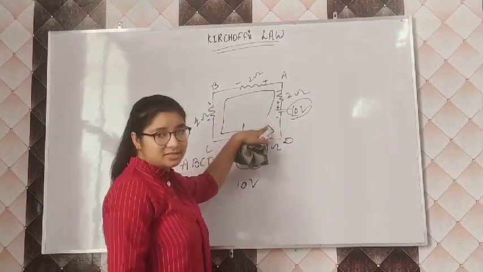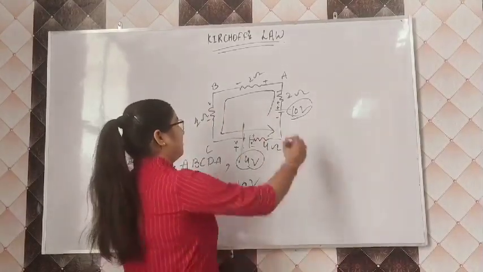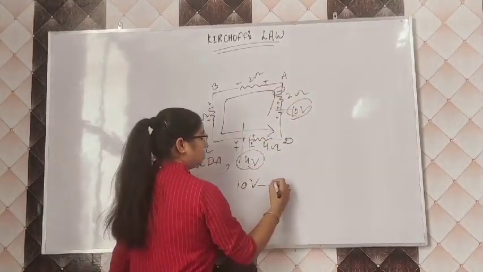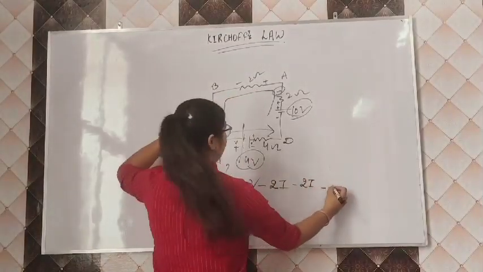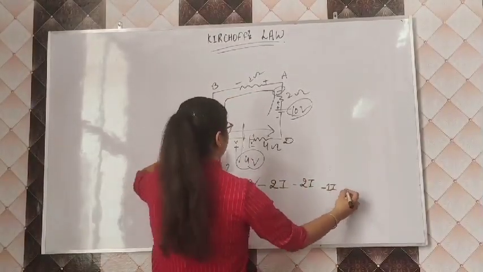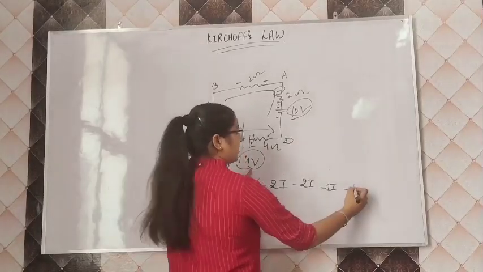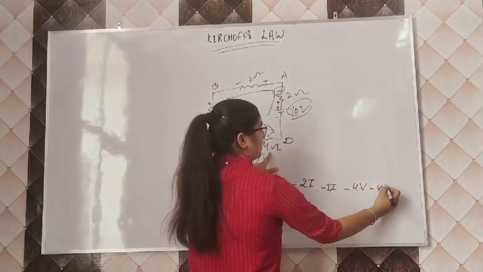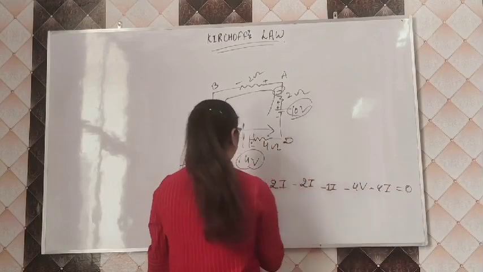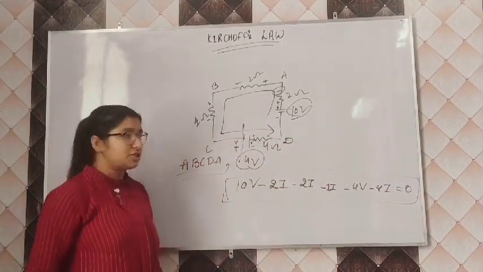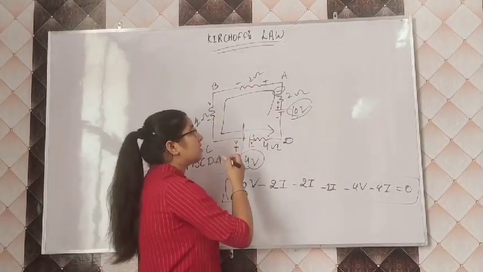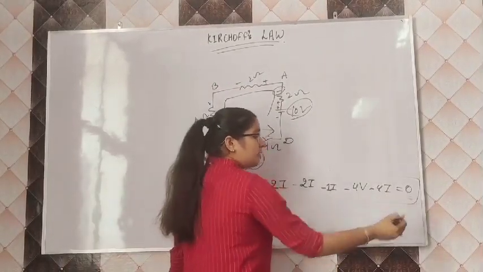So now we have to consider the second sign. It is negative. Now 2I. Then again 2I. Here 1I. And here it is 4 volt. And its 4I is equal to 0. We know that the algebraic sum of change in potential around the closed loop is equal to 0.